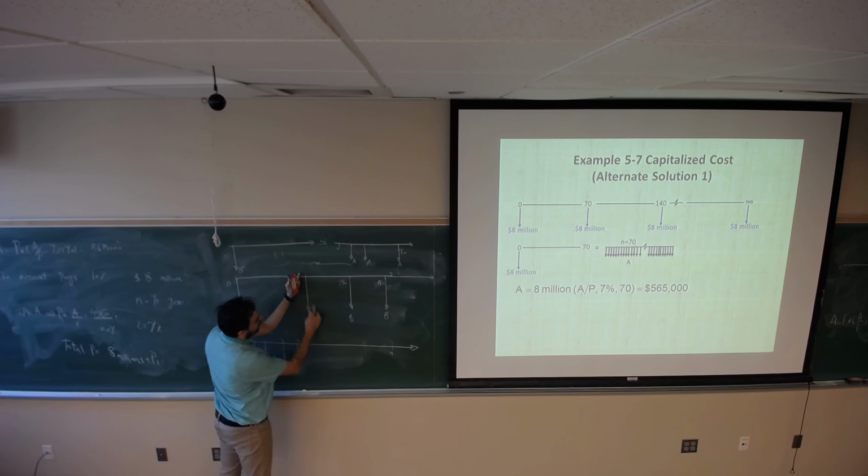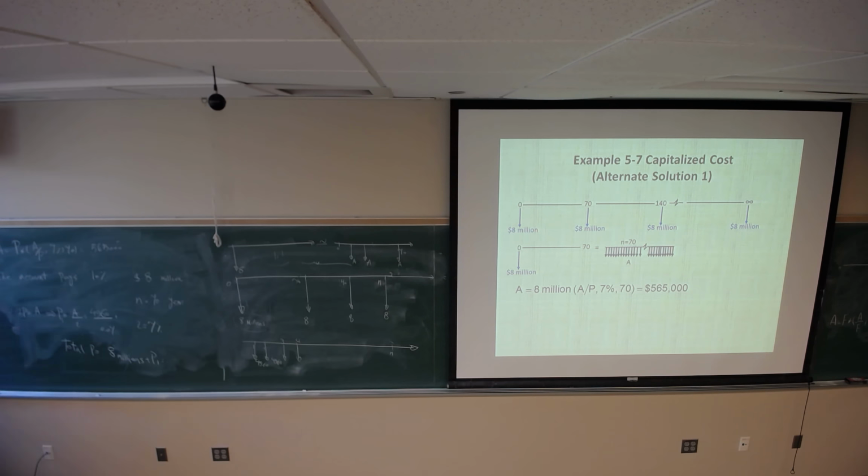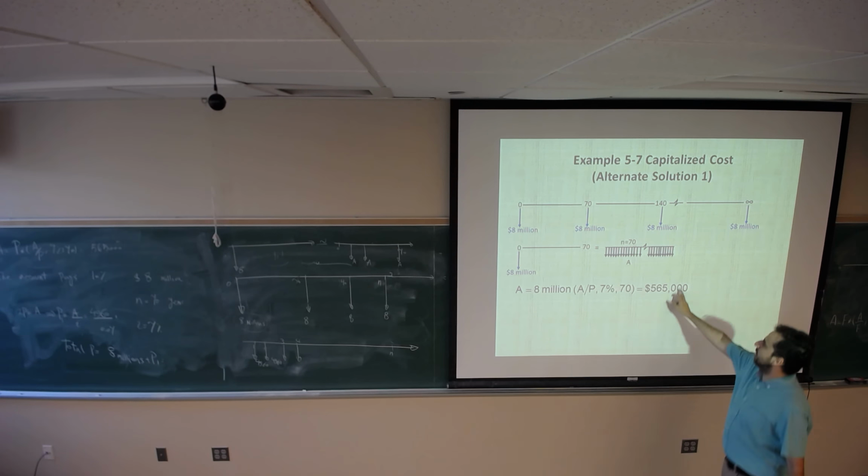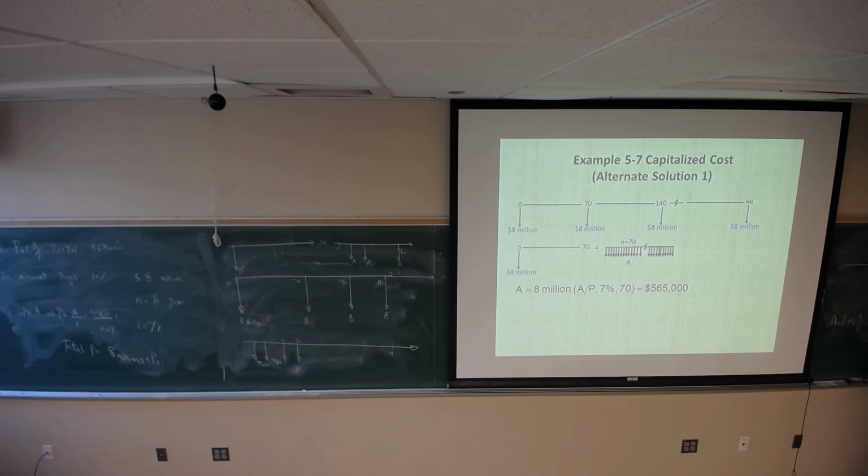This 8 million is going to be equal to 565,000 for the next 70 years. So the cash flow diagram can be written as this: an indefinite number of $565,000. Now, what would be the P? P would be A divided by I. The capitalized cost is 565,000 divided by 0.7%.